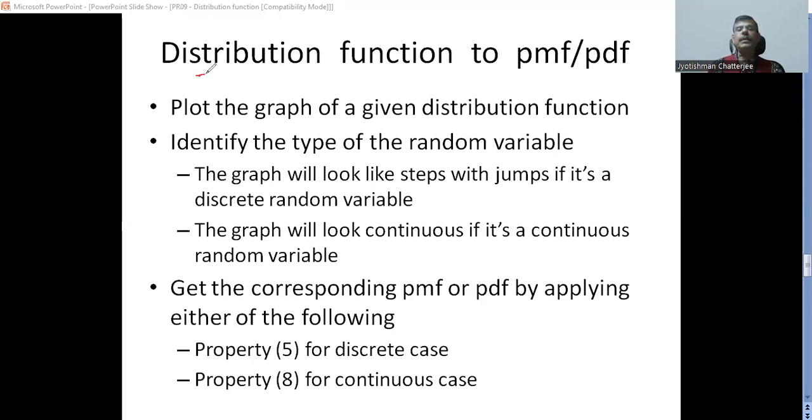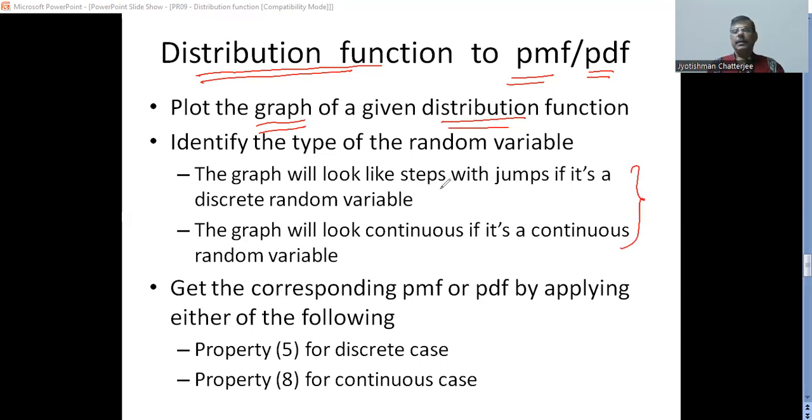Here our cumulative distribution function is given, and we are trying to come up with either the PMF or the PDF. The first thing to do is either plot the graph, or if you can imagine the graph, that's good enough. The graph will be of one of two types.